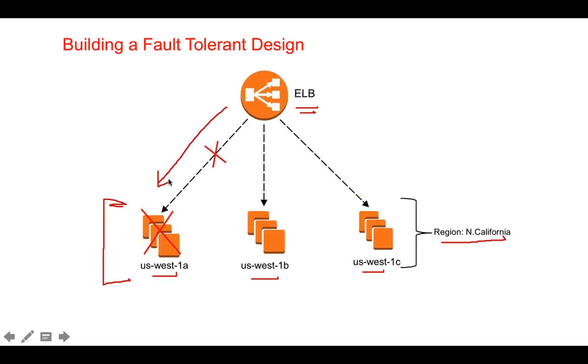So the load balancer will smell something wrong, and it will cut down the traffic flow to the entire AZ and reroute the traffic to other healthy AZs or the instances. So each AZ will get 50% of the traffic now. Previously there were 33%, 33%, 33%, but now each will get 50% of traffic.